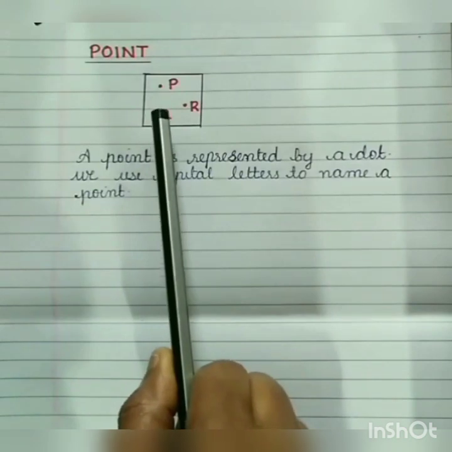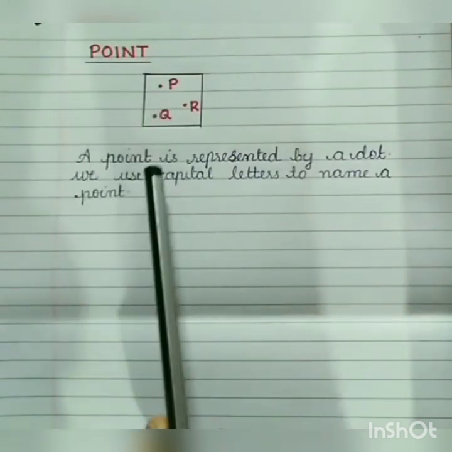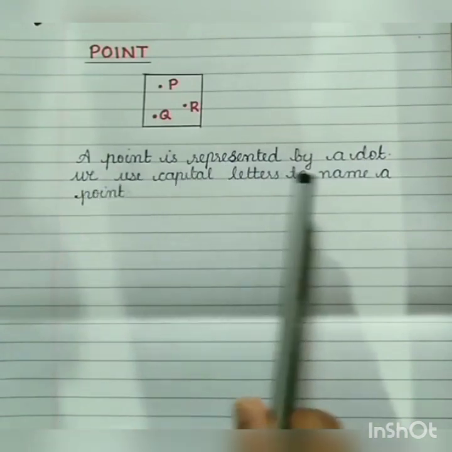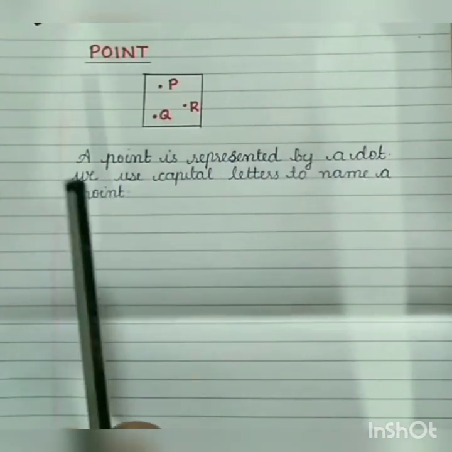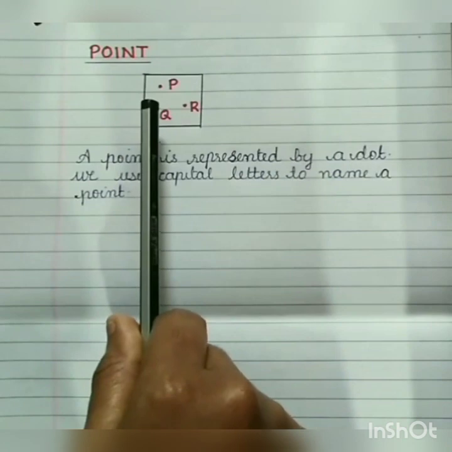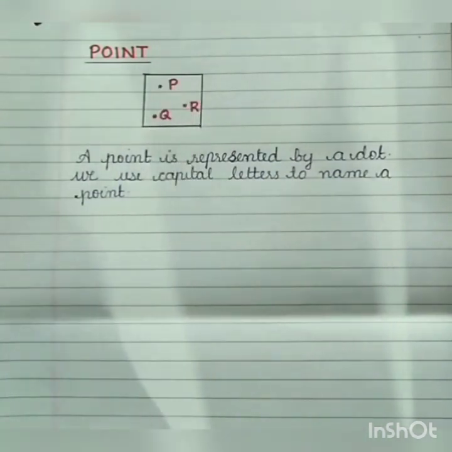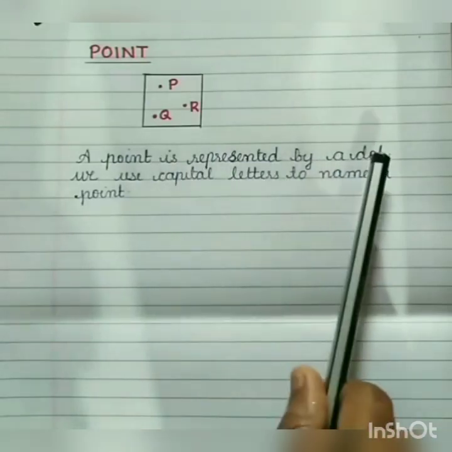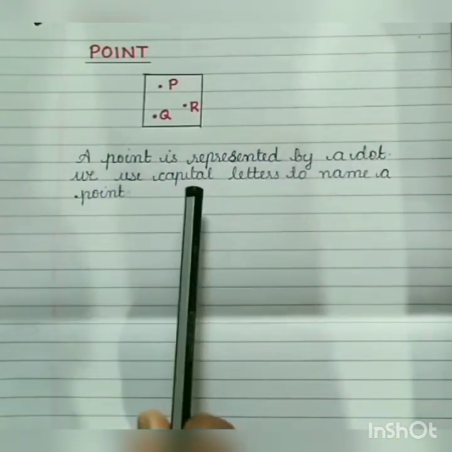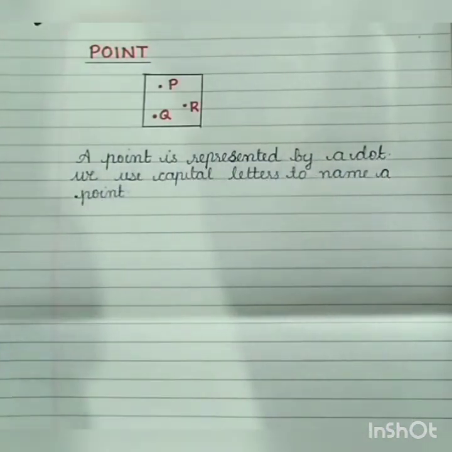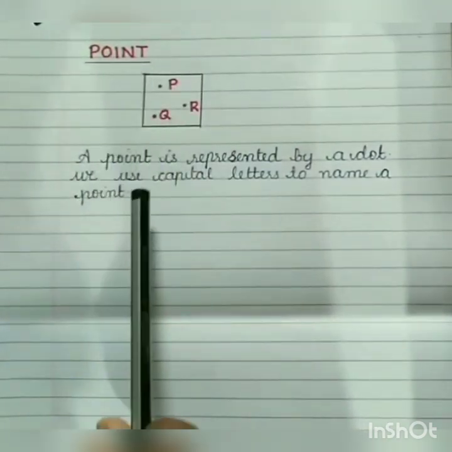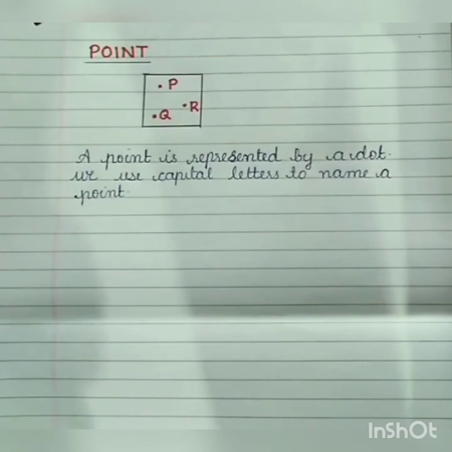We can define a point as: a point is represented by a dot, and we use capital letters to name a point. So here the points are point P, point R and point Q.